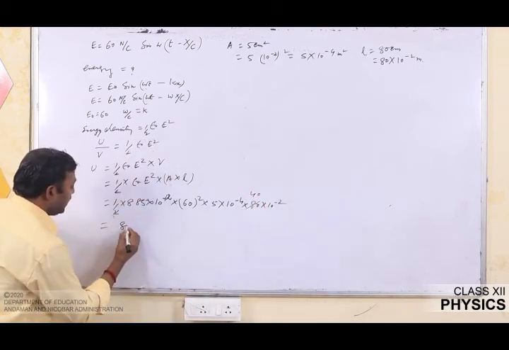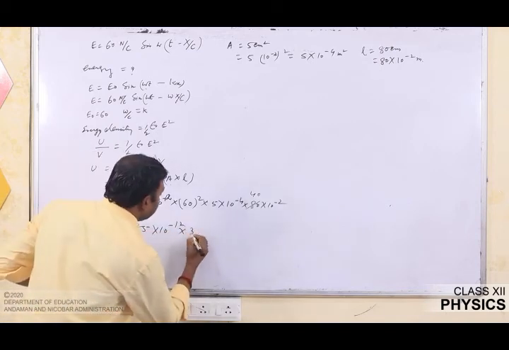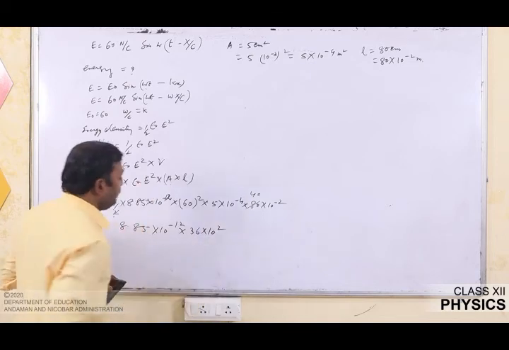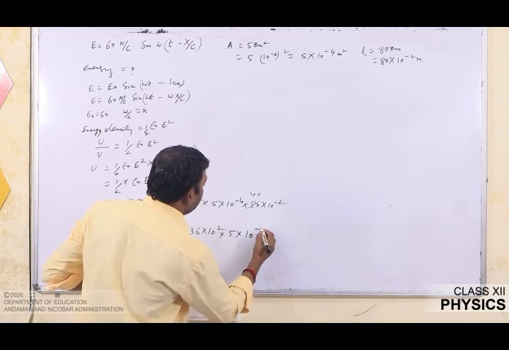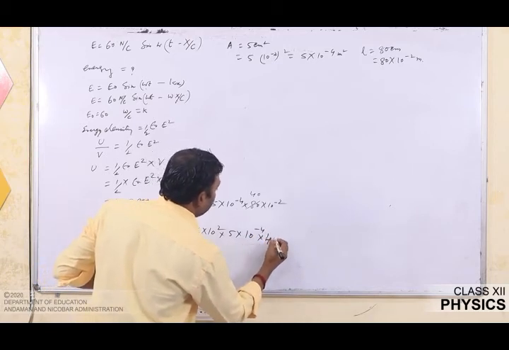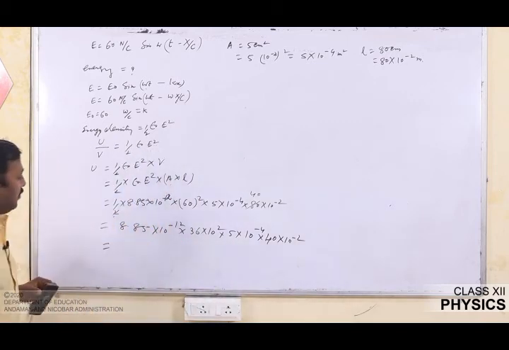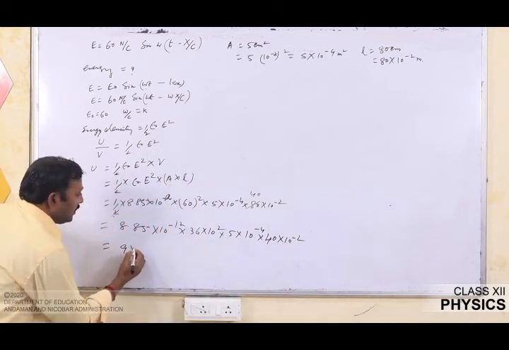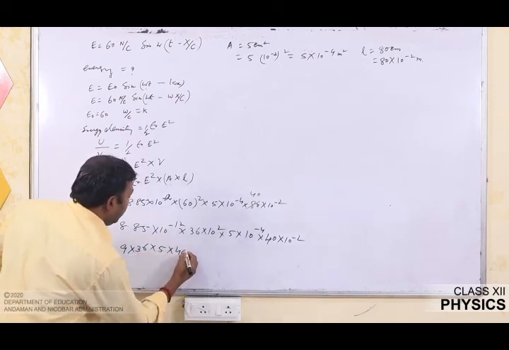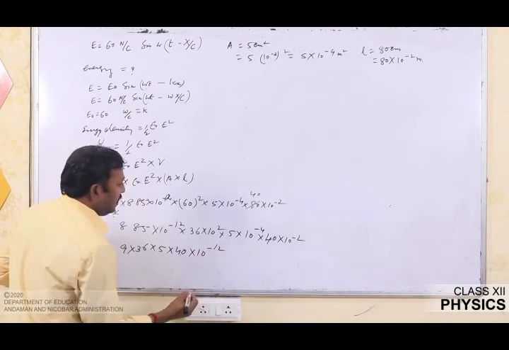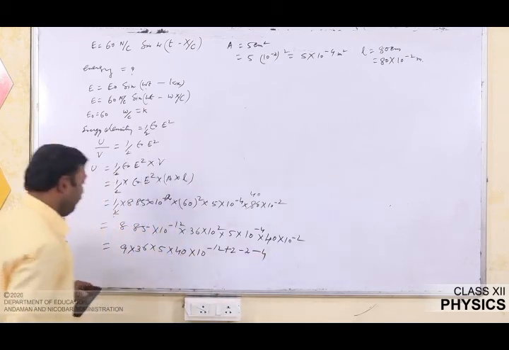So, this can be written as 8.85 into 10 to the power minus 12 multiplied by 36 into 10 to the power 2 into 5 into 10 to the power minus 4 into 40 into 10 to the power minus 2. So, 8.85 can be approximated as 9 into 36 into 5 into 40 into 10 to the power minus 12 plus 2 minus 2 minus 4.